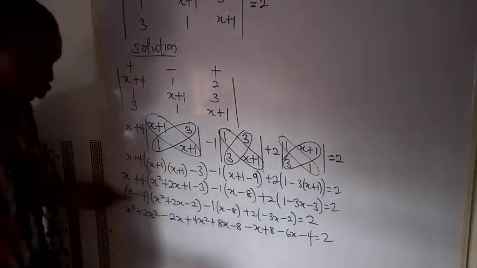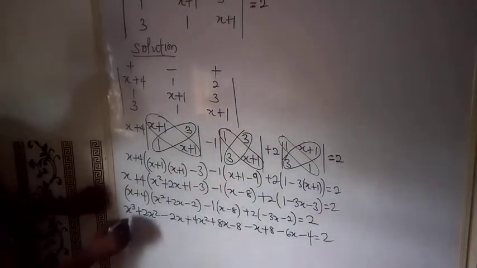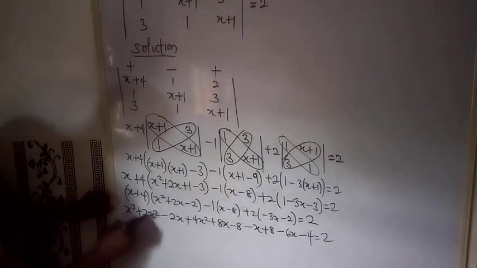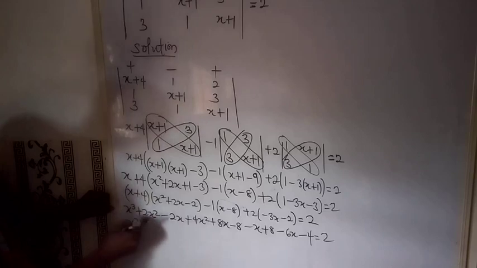So what you just need to do is expand the bracket. Then you collect like terms together. You have x raised to power 3. Plus 2x squared plus 4x squared gives us plus 6x squared.